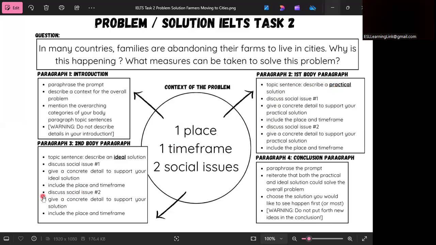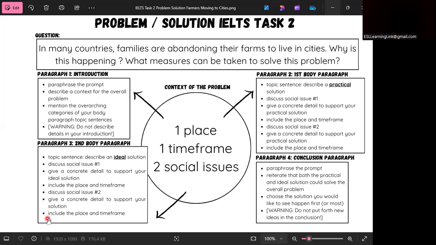And now you're going to discuss social issue number 2 in light of a more ideal solution. Maybe it couldn't happen, it's hypothetical, but if you were boss of the world or in a perfect world, this would be a great solution to this issue. Make sure again to give a concrete detail and include the place and time frame, again using variations of form in your languaging.